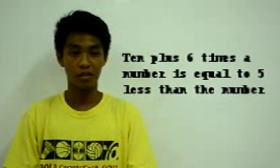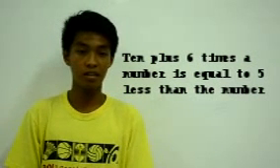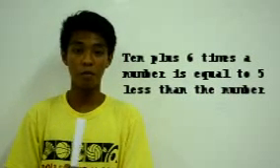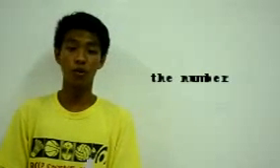Now pick out the keywords. The keywords in the sentence are plus, times a number, is equal to, less than, and the number. Now replace the underlined keywords with their corresponding symbol or variable.